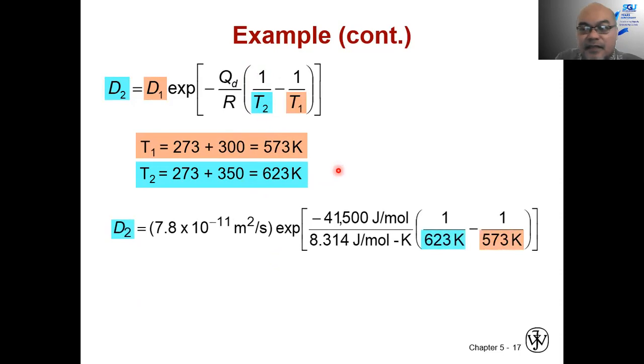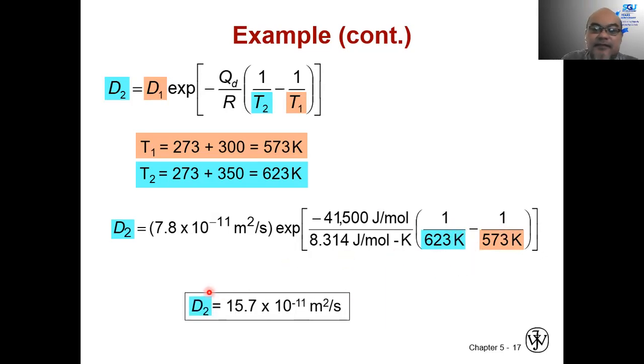So D2 can then be calculated as D1 times exponent minus 41,500 joule per mole over R, the gas constant, times 1 over 623 Kelvin minus 1 over 573 Kelvin. So then we obtain D2 to be 15.7 times 10 to the power of minus 11 meter square per second.